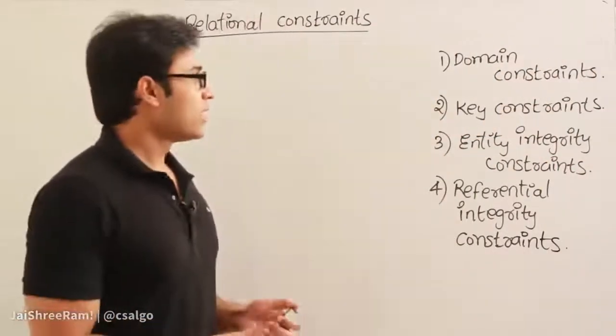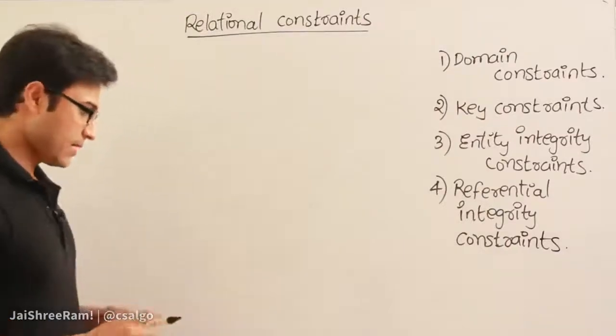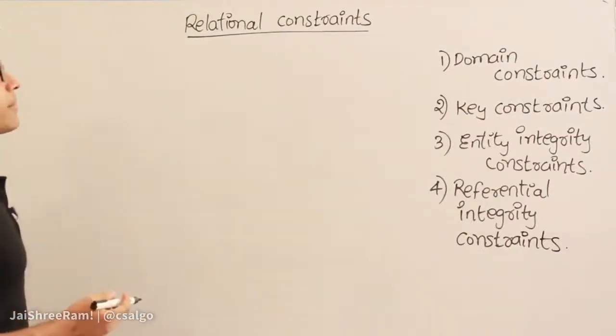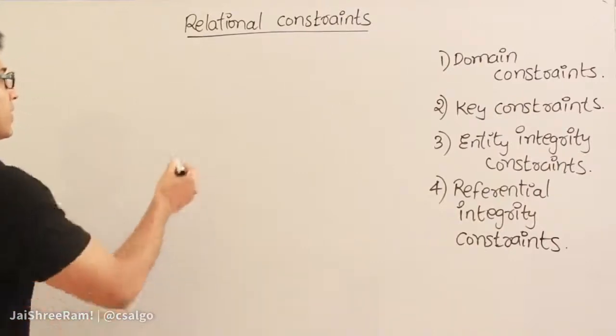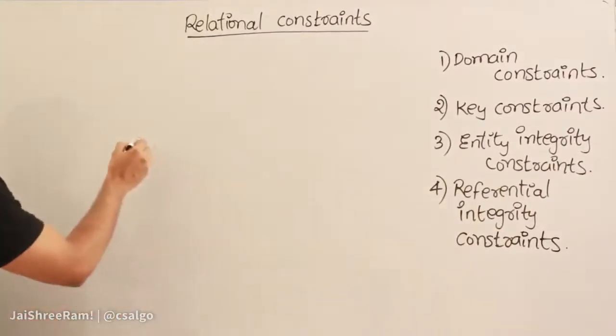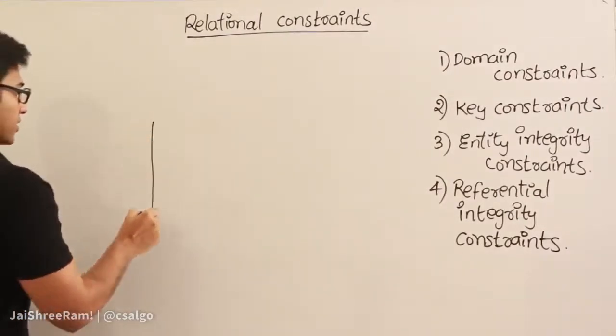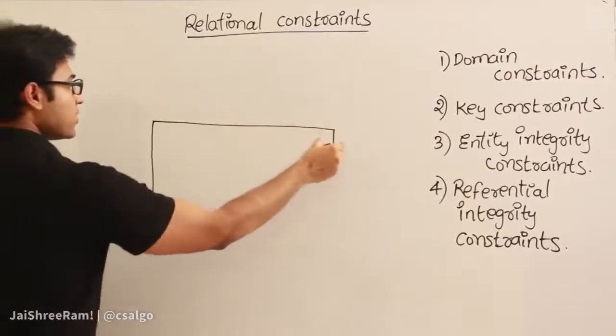Now let's see domain constraints first. Let us take an example and I'll show you what the domain constraint means. Let us say there is a student table, a student relation.